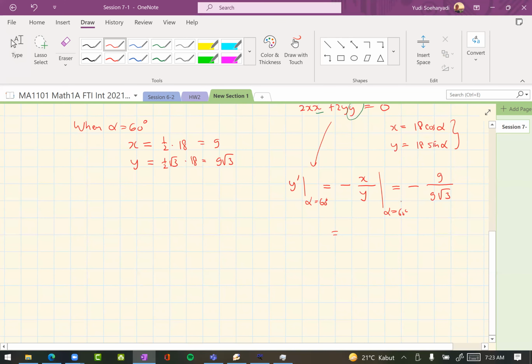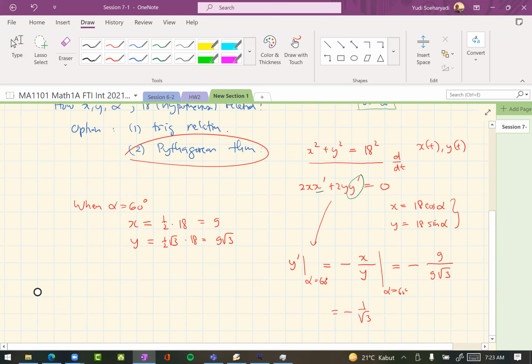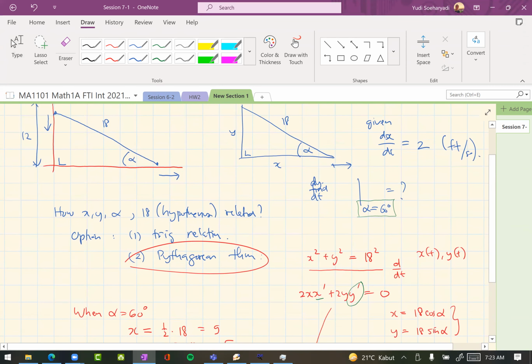Okay, so negative. There we go. So negative. It's negative because, well, it's decreasing, right?